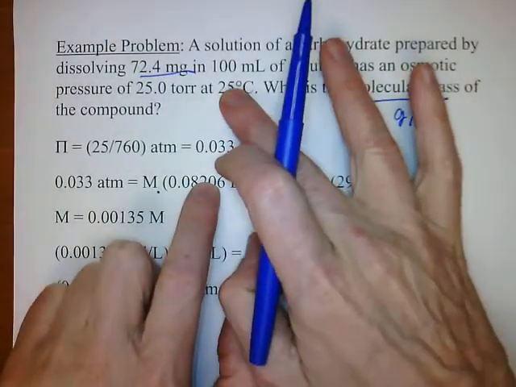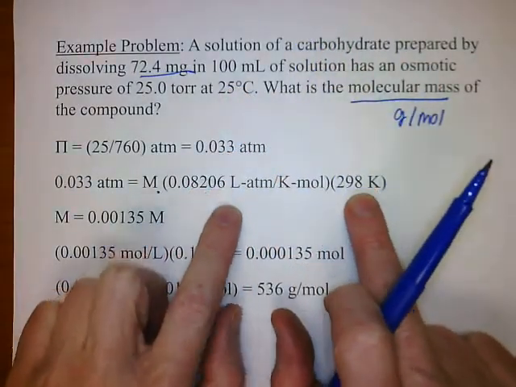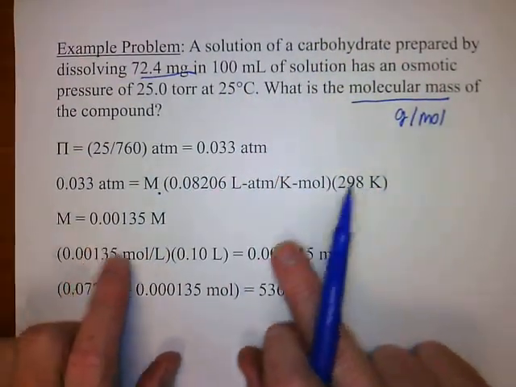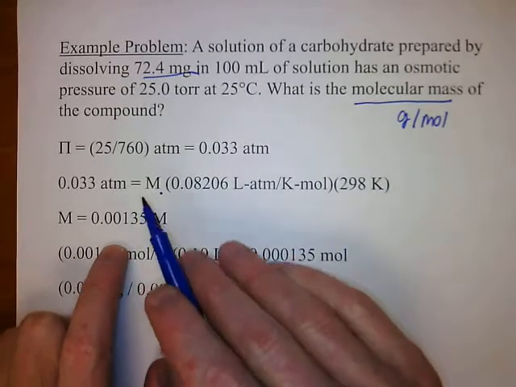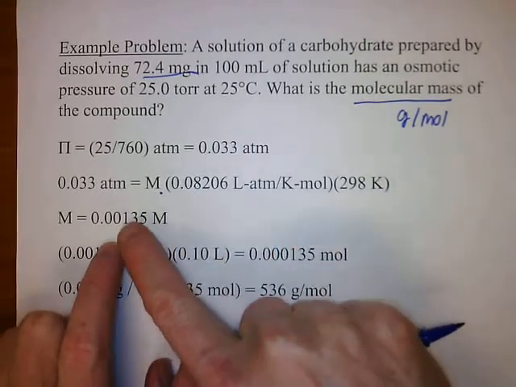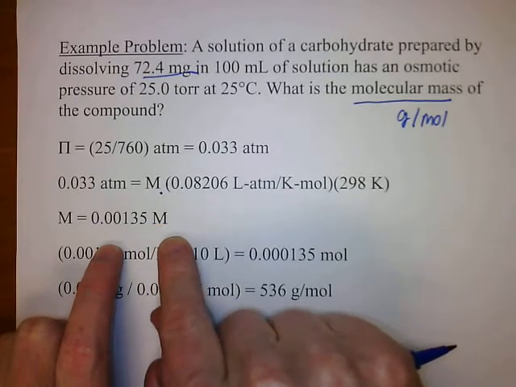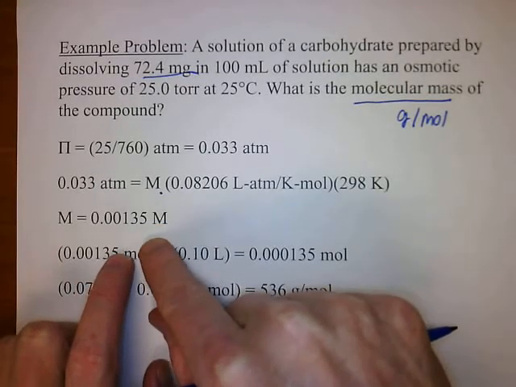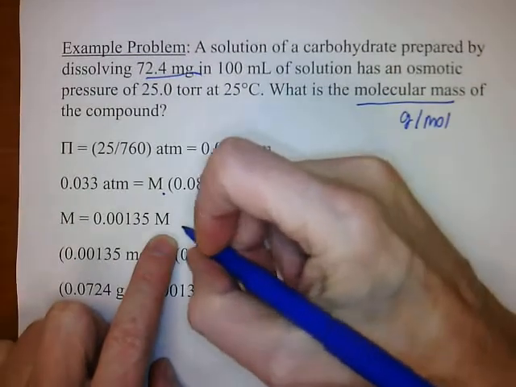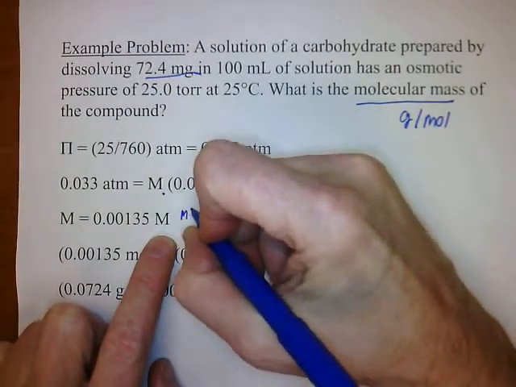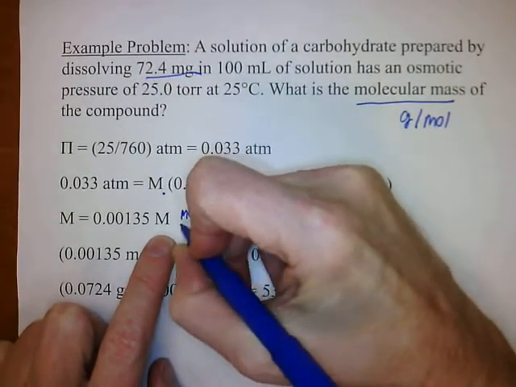Right, and 25 Celsius is 298 Kelvin. And if we solve this, this comes out to be 0.00135 molar. Okay, so remember M is molarity. That's moles over liters. Moles per liter.